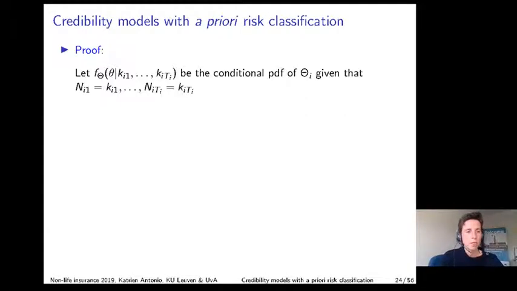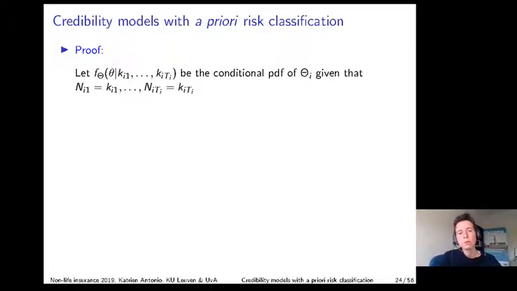To verify this statement, we start from the conditional PDF of the random risk variable theta I. In this conditional PDF, we condition on the number of claims reported by policyholder I, and we use the notation N_it to denote the random variable that expresses the number of claims reported by policyholder I in time period t.